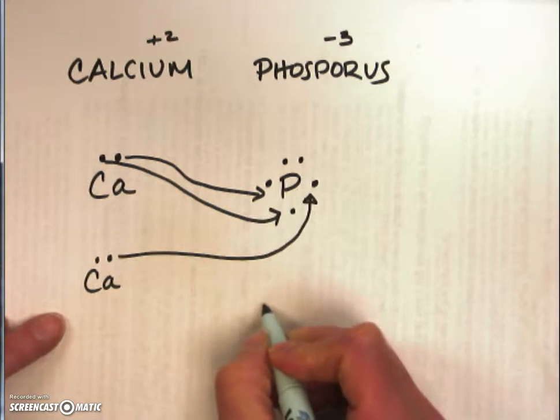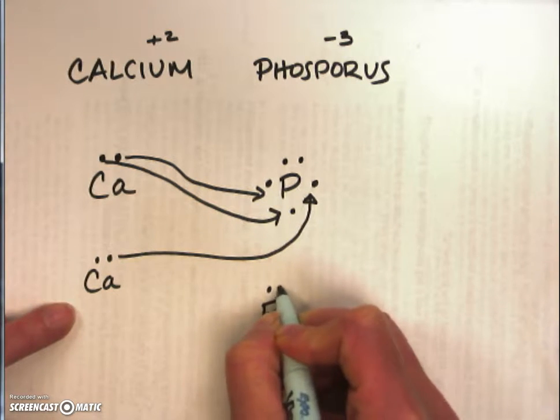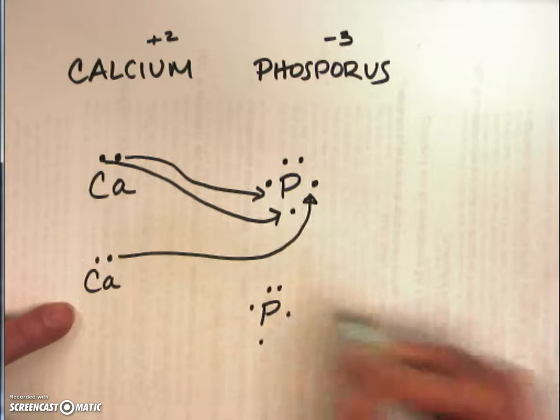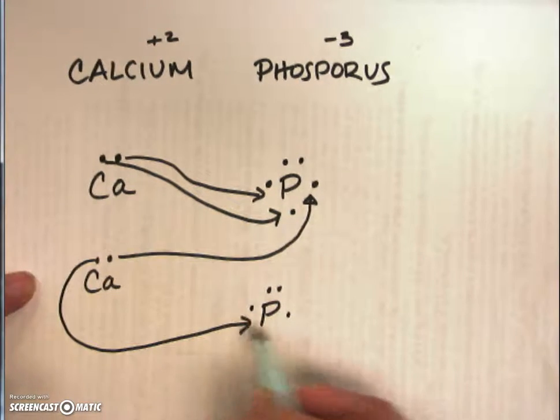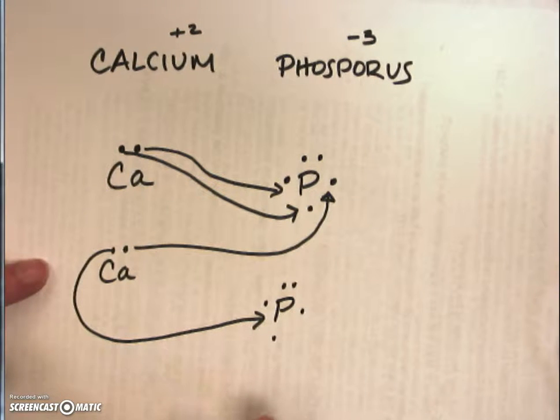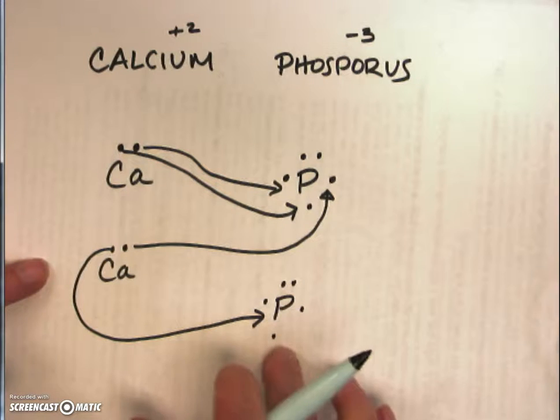And then if we took another phosphorus, 1, 2, 3, 4, 5, then this electron could be donated to that phosphorus, and then we would still need 2 more valence electrons for that phosphorus.